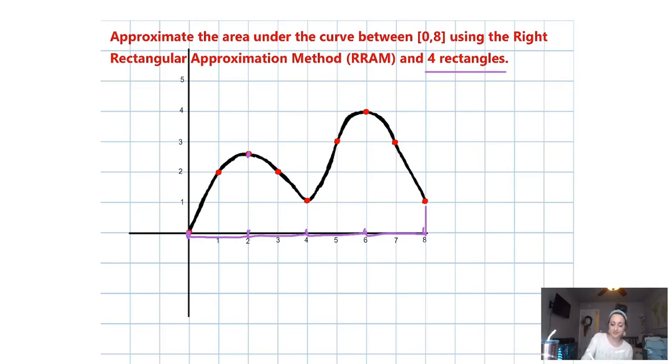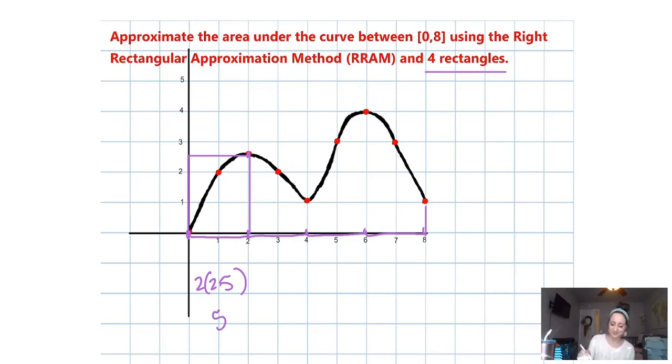So find what y is when x is 2, which looks like about 2.5, and that is what's going to create my first rectangle, right? So my first rectangle has a base of 2 and a height of 2.5, so an area of 5, right?